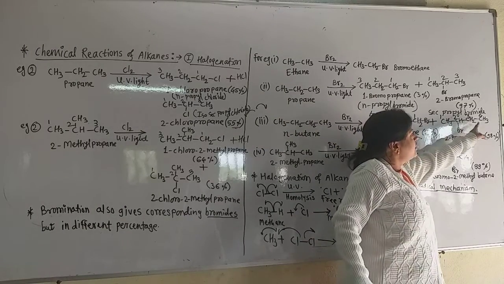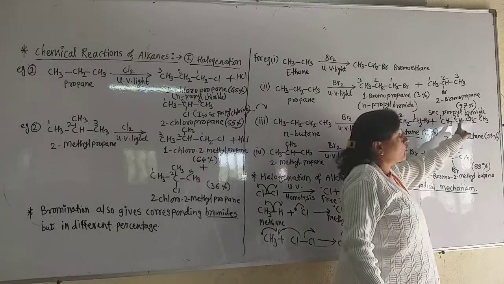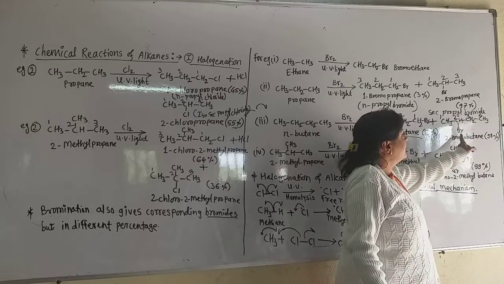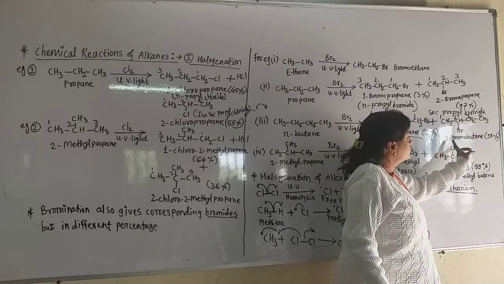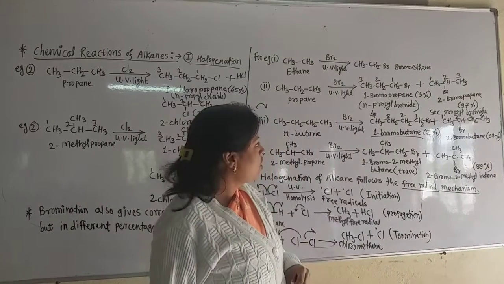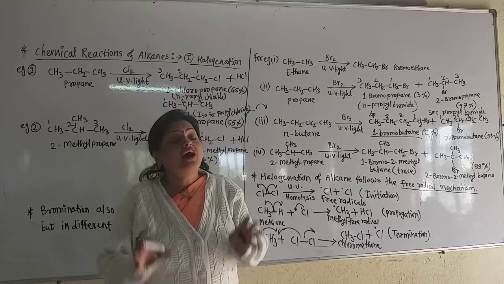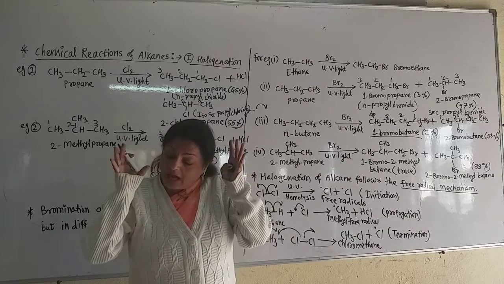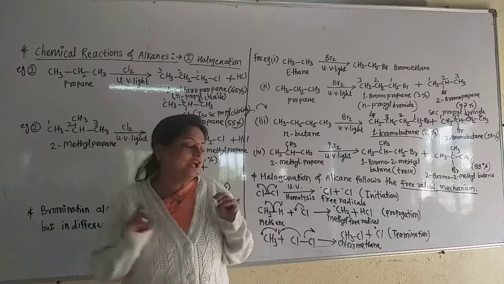If I number 1, 2, 3, the bromine would be on the third carbon. Always number from the side where the substituent is closer. So 1, 2, 3, 4. This is 2-bromobutane. See here, 98% is this, and only 2% is the other. So branched haloalkanes are in greater proportion than the straight-chain haloalkane.